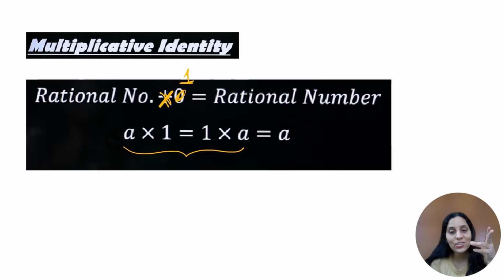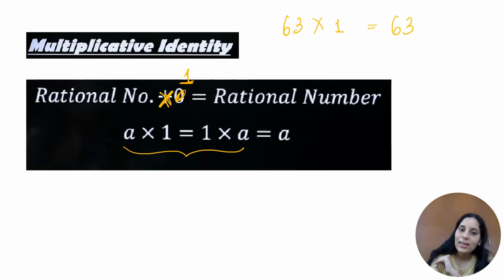Even if you interchange the position, your end result is same for multiplication. Now suppose I have 63 into 1. I get 63. I have minus 111 into 1. Again I get minus 111. So any number, when you multiply by 1, you end up having the same number.